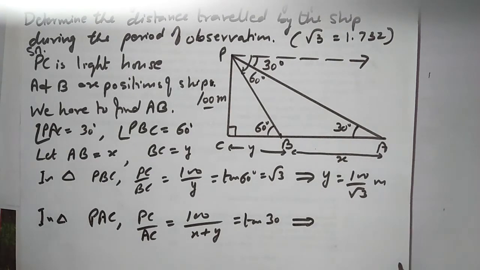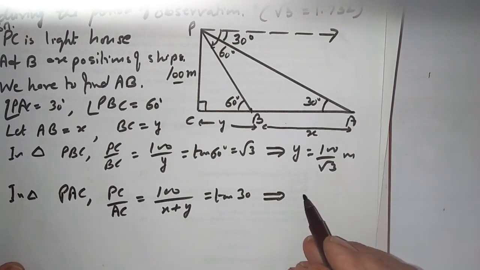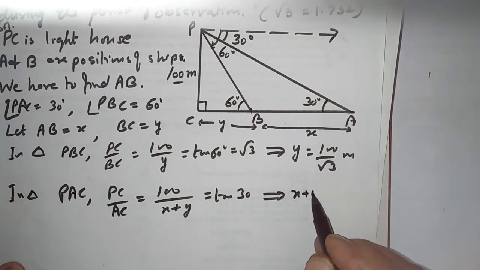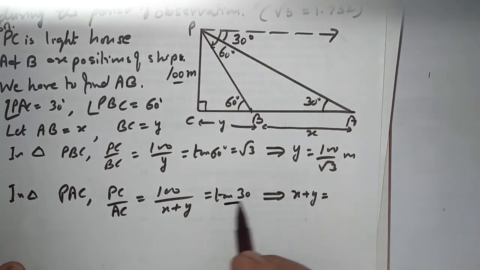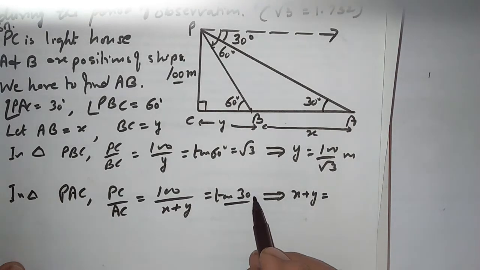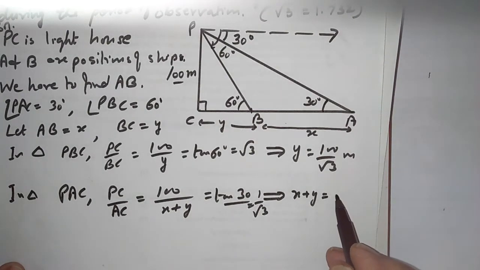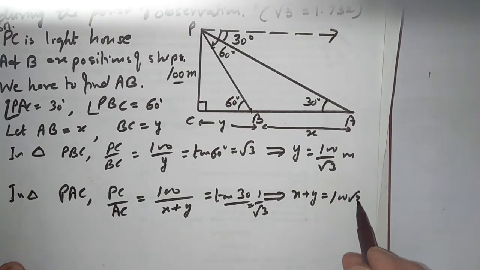So X plus Y will be, the value of tan 30 is 1 upon √3, so it will be 100 √3 meters.